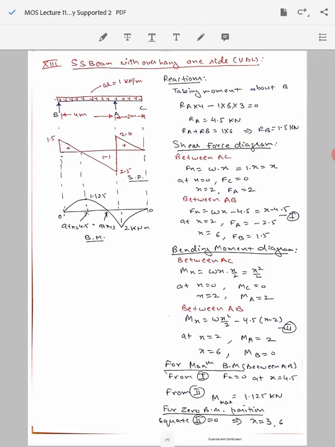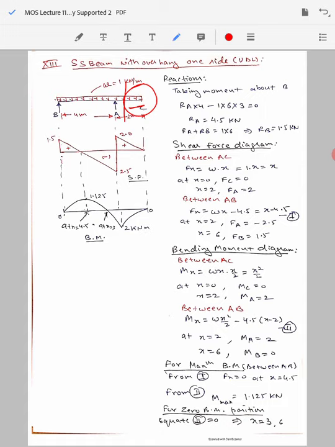Now once we have determined the reactions, we can calculate the shear force at different spans. So for that purpose, let's consider the span AC, and if we cut the beam anywhere between A and C, and we consider only this right hand side portion of the beam for drawing the free body diagram, we see that the force of magnitude W into X, because we consider the distance as X, so W into X will be acting here.